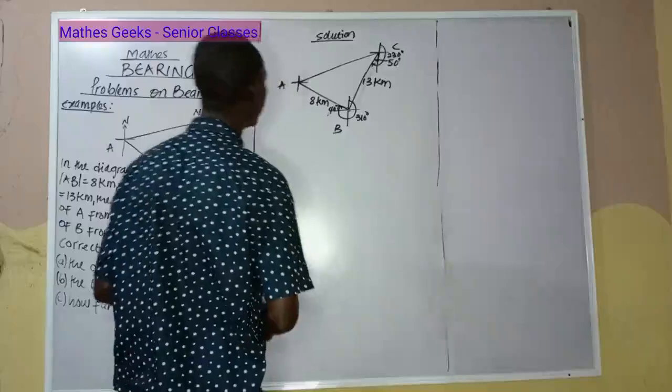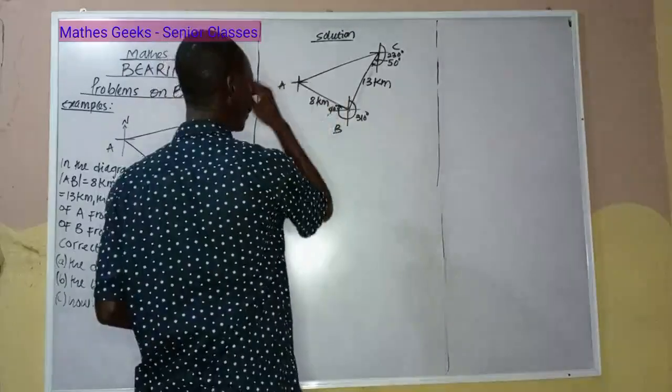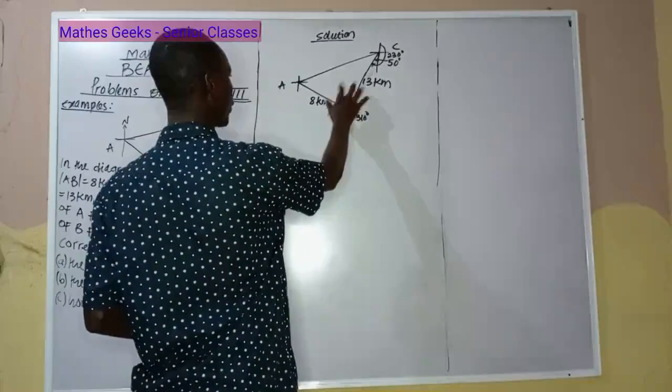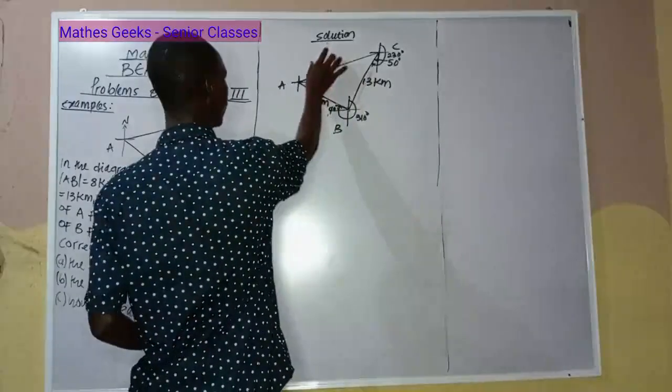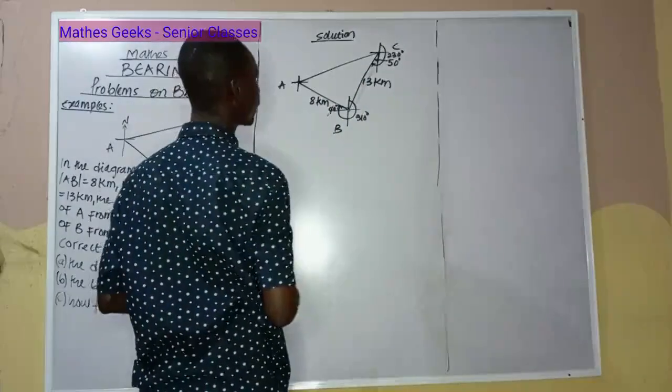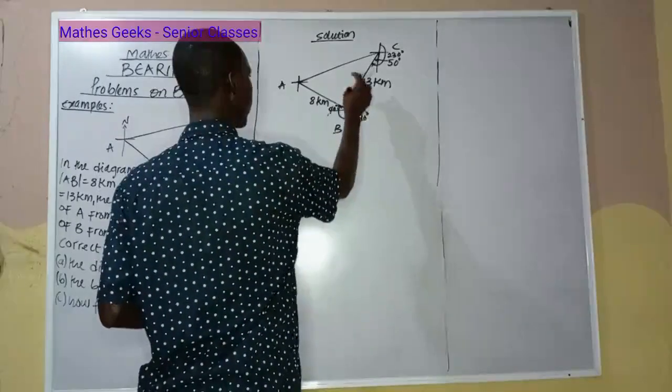So altogether we need to know this angle. Since two sides are given to us, we need to know this angle, then we can use the cosine rule. But let's see if we can get this angle.